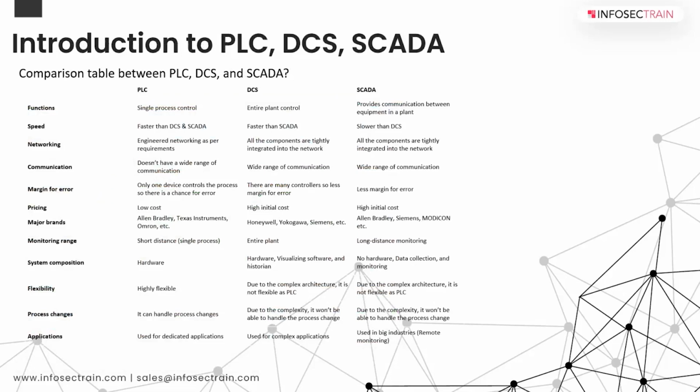This slide, I'm not going to speak much. It is self-explanatory. Like I said, these are certain distinctions, but if you're ready to spend, you can have a cheap DCS and an expensive PLC. Ultimately, it depends upon the application, the ruggedness, the reliability, and the industry sector.